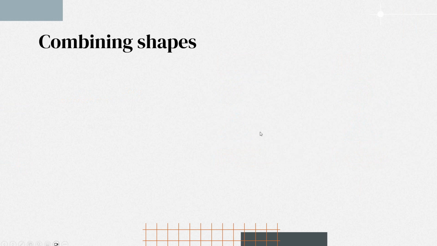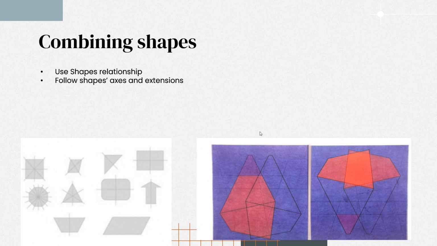Now when you are going to combine shapes, use the shape relationships that we have explained before, and also you must follow shape axes and extensions. Here are the shape axes. You can see this triangle has multiple axes: a vertical axis, a horizontal axis, and also a diagonal axis.